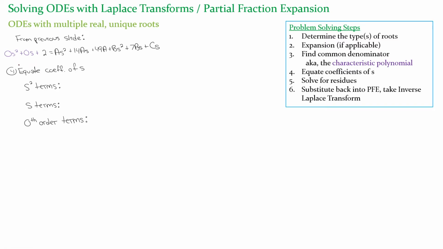So now it's easier to see that for my s squared terms, I have 0 on the left-hand side and a plus b on the right-hand side.